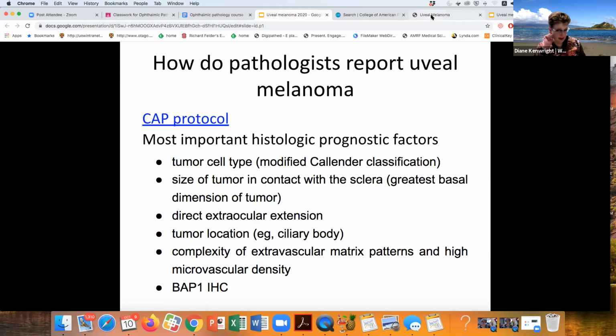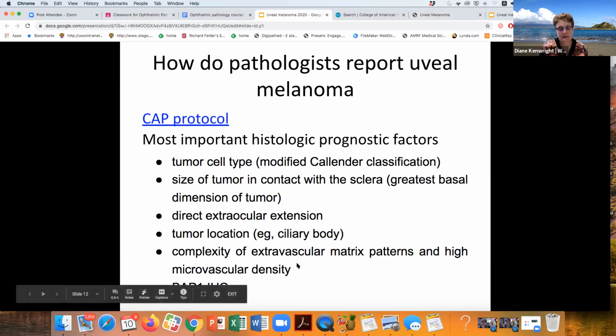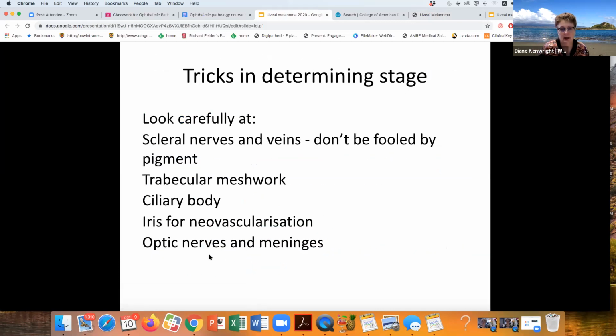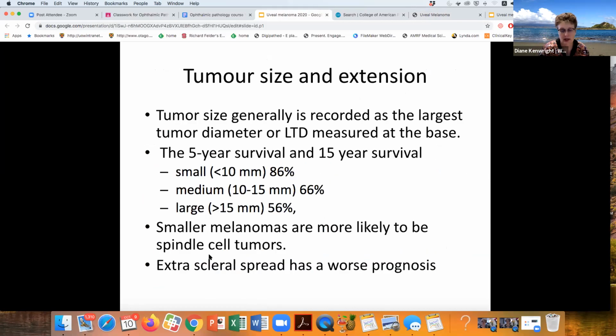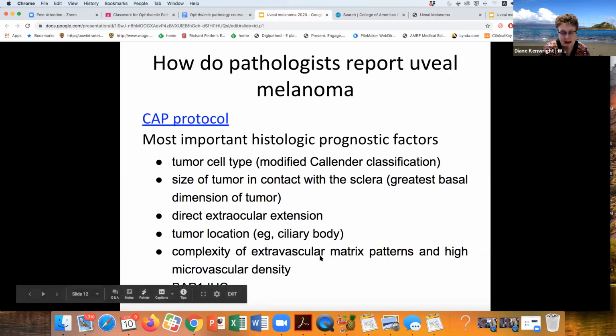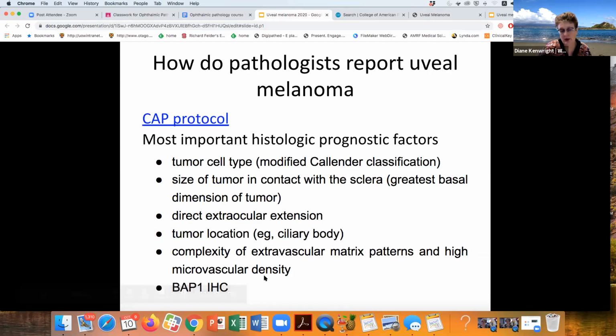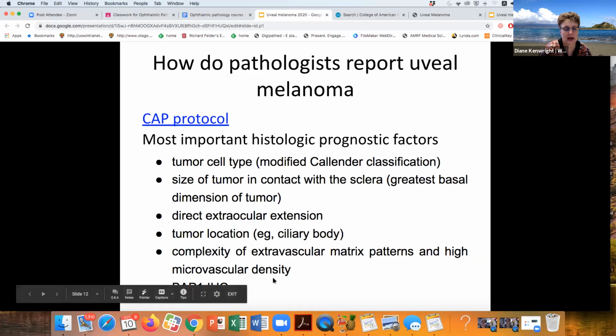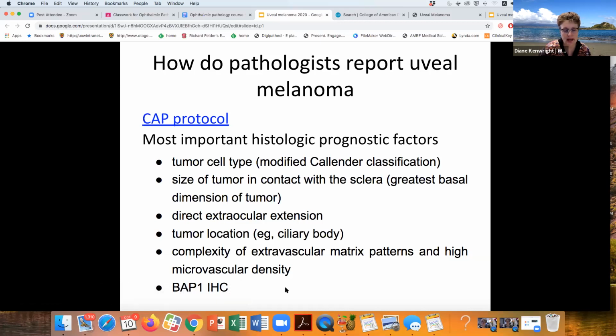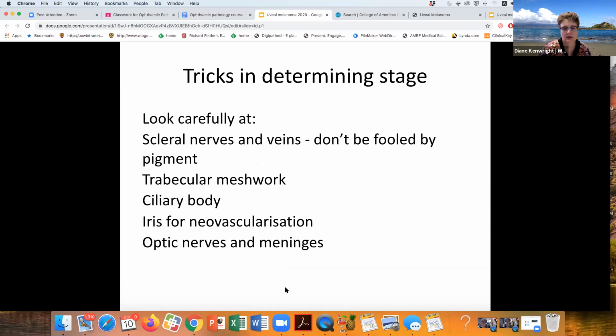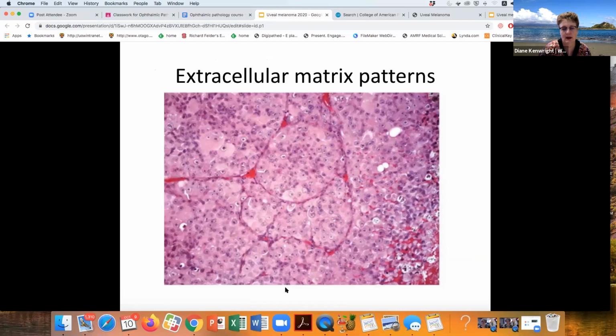Okay, so I've listed here the most important histologic factors. What people often get confused about is the extravascular matrix patterns. And also, many of you haven't heard about this new immunohistochemical stain called BAP1. Okay, so hopefully, my next slide, I'll just talk about this.